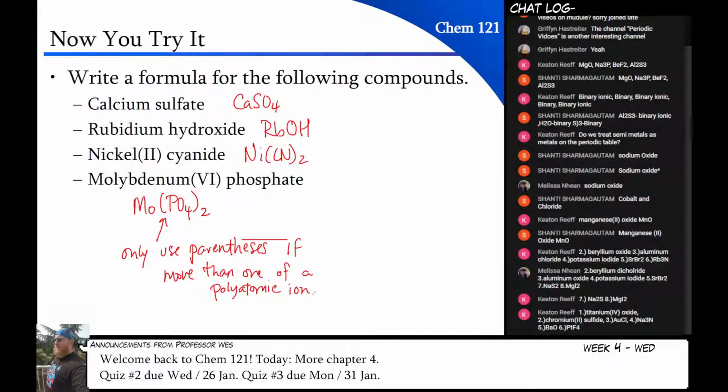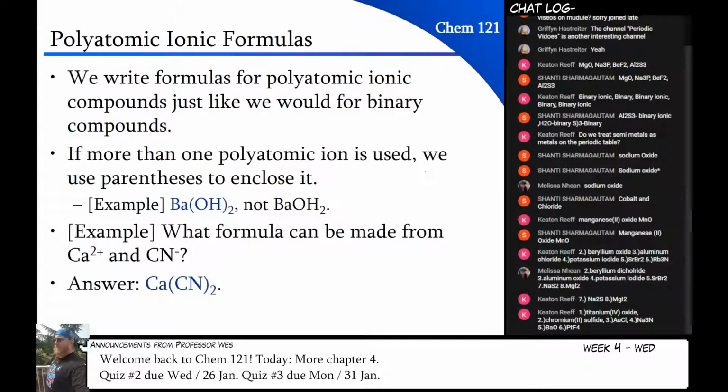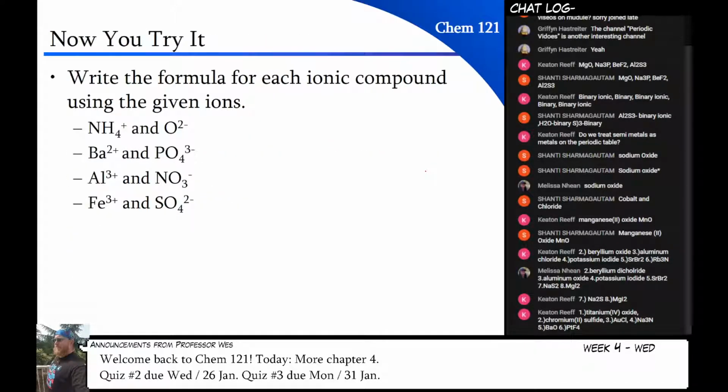If you have multiple hydroxides, use parentheses. Otherwise, you can see up here these two. There was only one of the polyatomic ions, so parentheses were not necessary. Only use parentheses if you absolutely have to, because there's more than one polyatomic. Okay, and that's it. That's chapter 4. The last few slides talk about that a little bit more, and they have more examples that you can do.